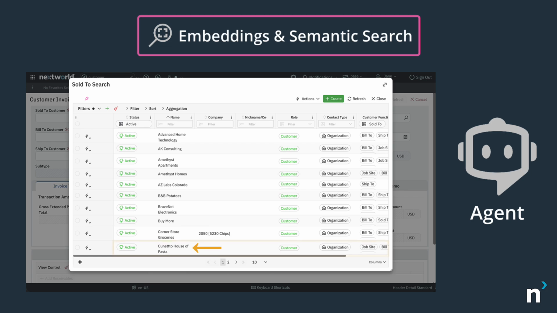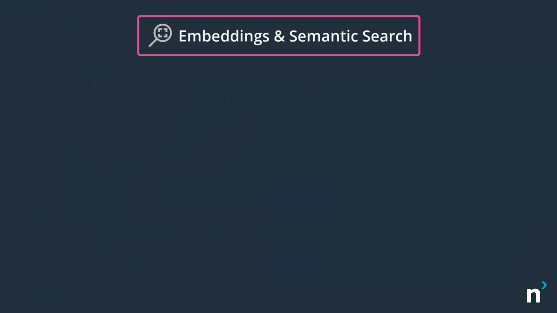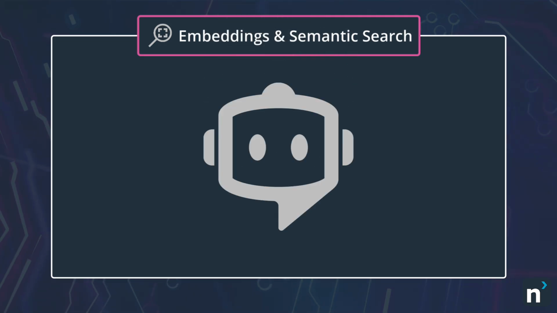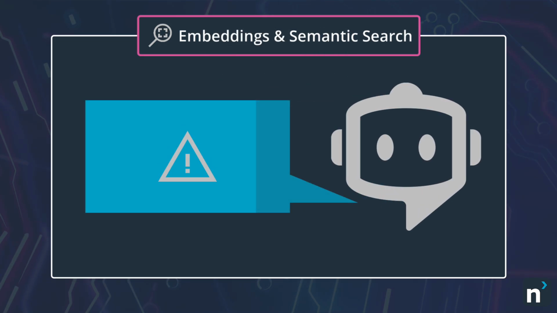Once the customer is resolved, the system can use that table lookup value throughout the rest of its processing to complete the task. In many cases, semantic search is embedded directly into the agent experience, returning lists of options when the system needs more clarification.